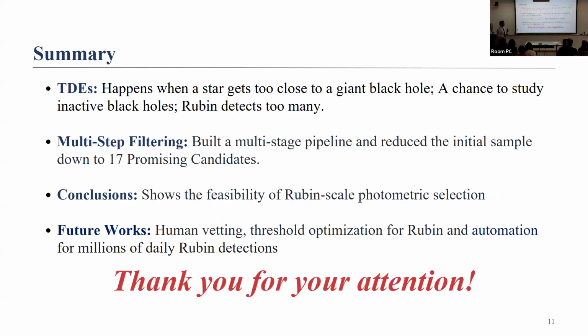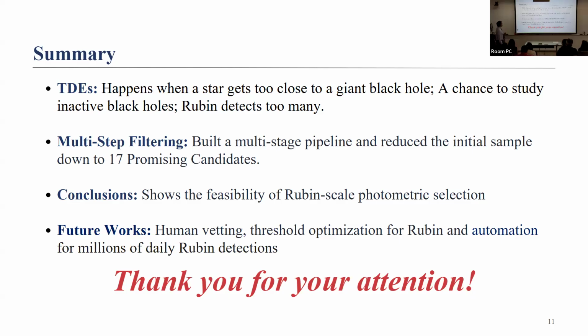So this is a summary of what we did and what we learned in our summer project. I learned about TDEs, what happens when an unlucky star gets too close to a black hole, a chance to study inactive black holes. And yeah, of course, Rubin detects too many. I won't complain about that, to be honest.